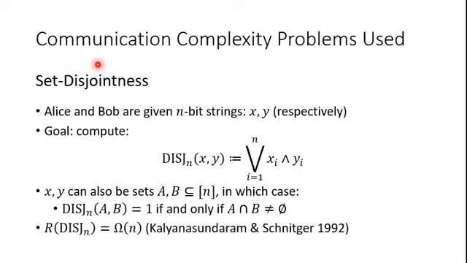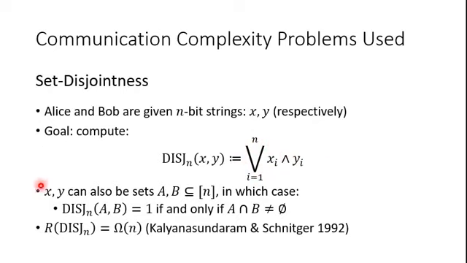So the first communication complexity problem is set disjointness. In this problem, Alice and Bob are given n-bit strings x and y. So this is Alice's input and this is Bob's input. And their goal is to compute the following function. So we can see a bitwise AND operation and an OR across all the bits.